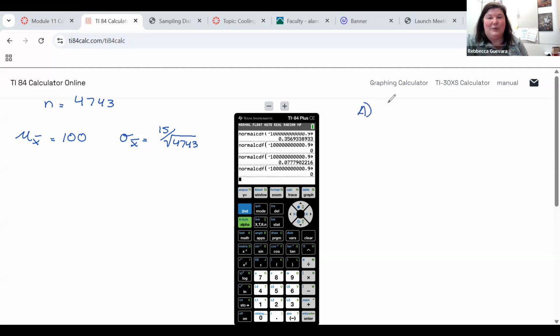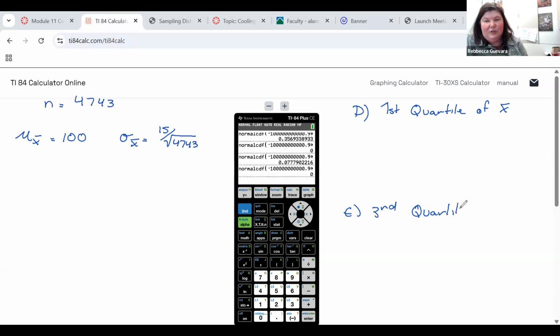And the two questions we're asked are about the first quartile of mean IQs, and the third quartile. First assume this is normal. I don't have to look for the second quartile because I know that should be 100.